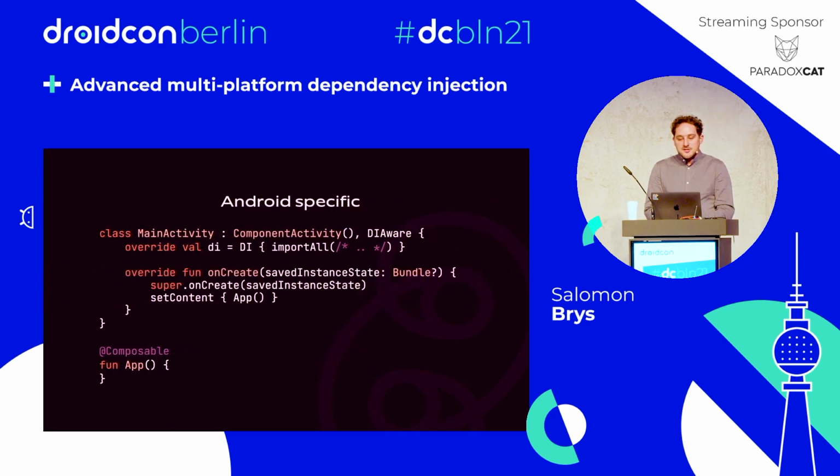We support Android specificities by not requiring a DI container to exist inside the composable tree, by allowing you to have either your fragment, activity or application to be DI aware. Here, the example is the activity, but in the vast majority of your applications, it will be the application that is DI aware, because you'll have one DI container for your whole application.